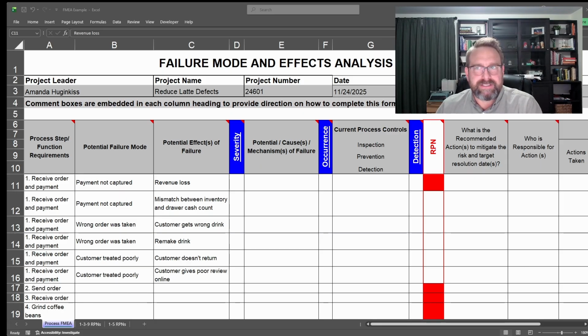Some people use a 1 to 10 scale, which gives you a fine-grained analysis approach. Some people use a 1 to 5 scale, which is naturally more coarse-grained. You can see in my example, I have my spreadsheet set up for 1 to 5. Some people use a 1-3-9 scale, which is handy when you want the bad things to really pop numerically.